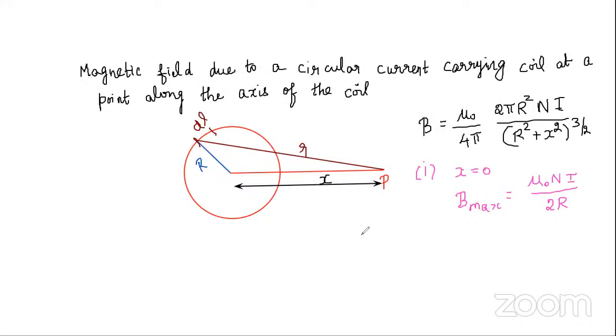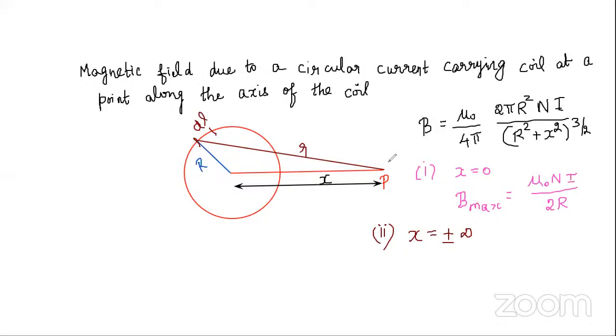The second case is x equal to plus or minus infinity. That means this point P is far away from the center of the coil. In that case, obviously, the influence of this coil will be very, very less at infinity.